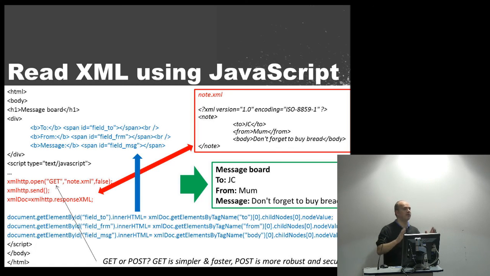So this file is on a server somewhere. So you are going to use that object, XMLHttpRequest. You are going to get access to those data and receive them. You send the request, and then you are waiting basically for the answer.